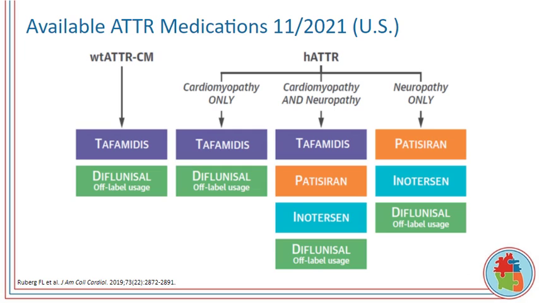If you have the presence of cardiomyopathy and neuropathy, your choices include tafamidis, patisiran, or inotersen, and again, diflunisal. If you only have cardiomyopathy, then the only option at this point is tafamidis. So there are many trials happening right now to try to improve and expand the indications for these drugs in a broader treatment of amyloidosis, but those are still under investigation at this point.